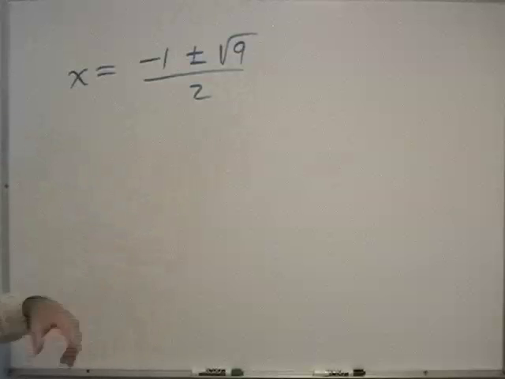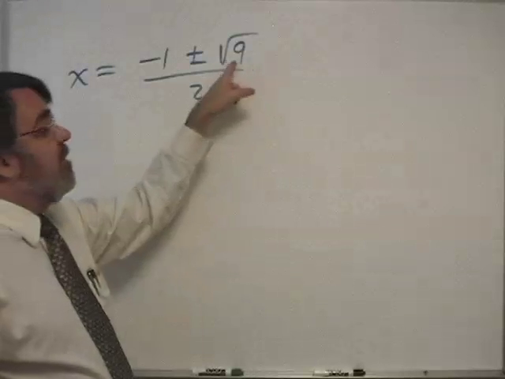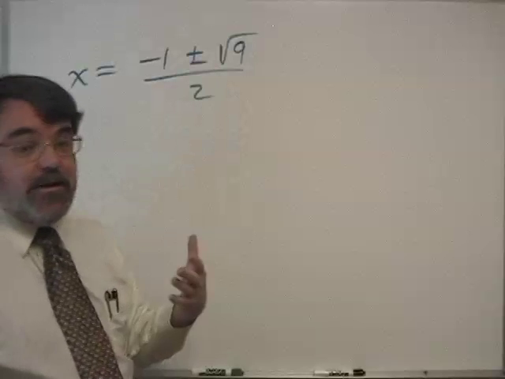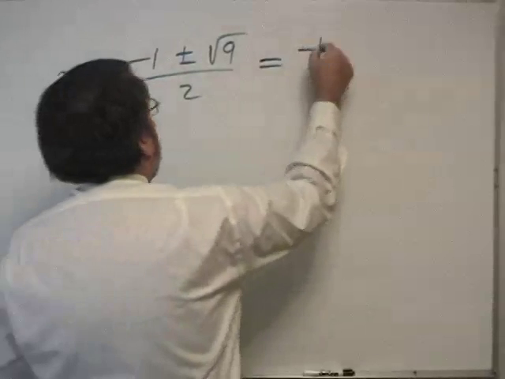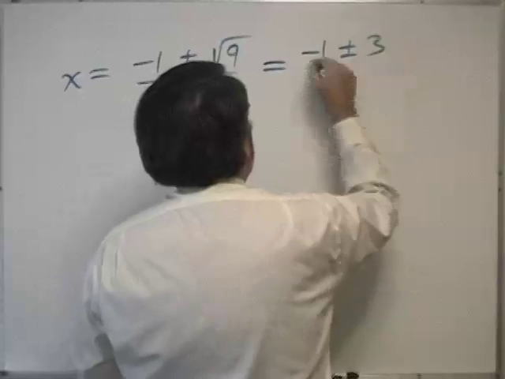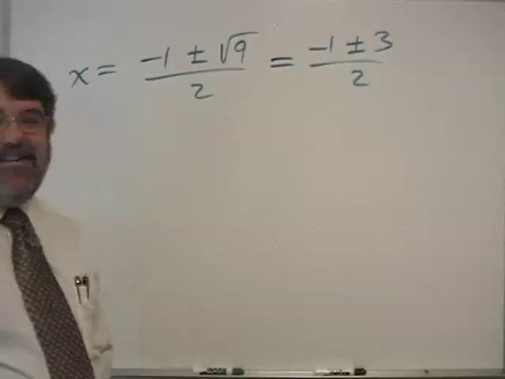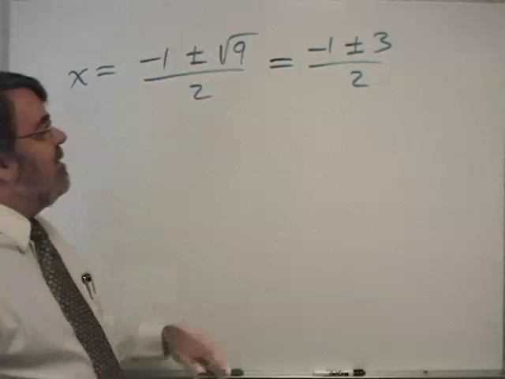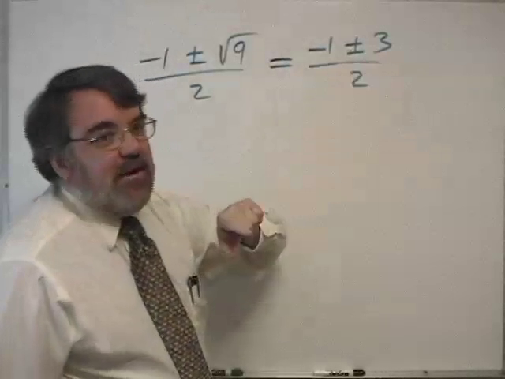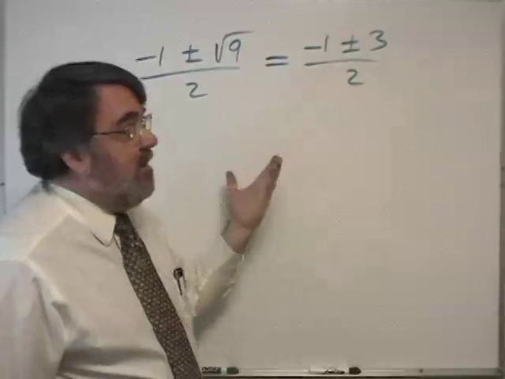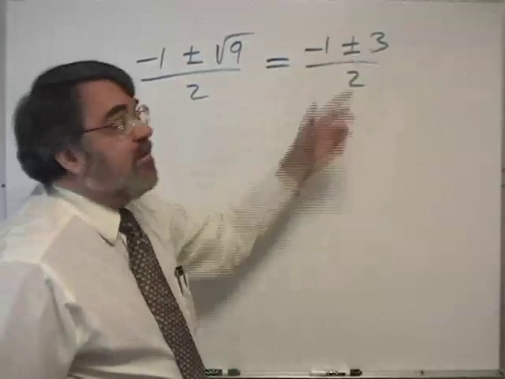Well, what can we do? Can we do anything? Of course, the square root of 9 is 3. So this is negative 1 plus or minus 3 over 2. Do you stop there? I hope not, because we can combine these numbers now. Neither one is a square root, they're just integers.